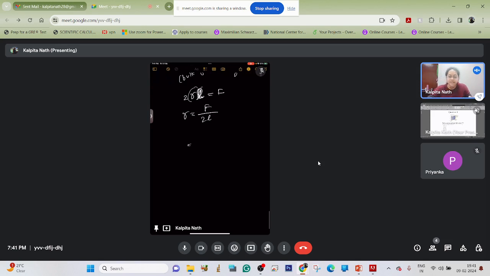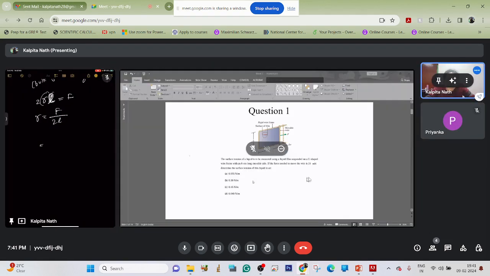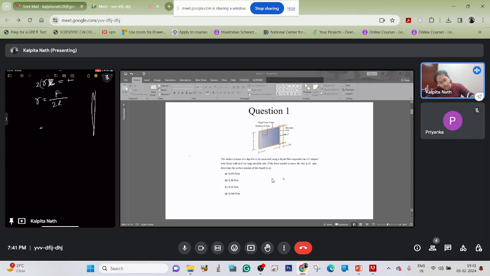So L is given as 8, I guess. One second. So yes, 8 centimeter long movable side. So over this whole wire, the surface tension force will be acting at every point.